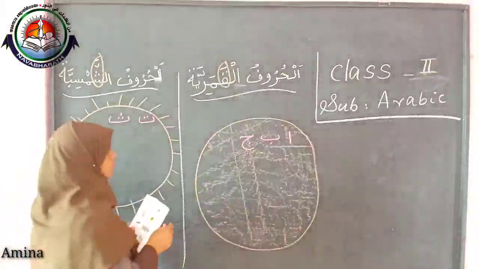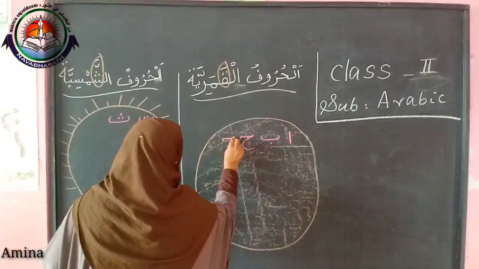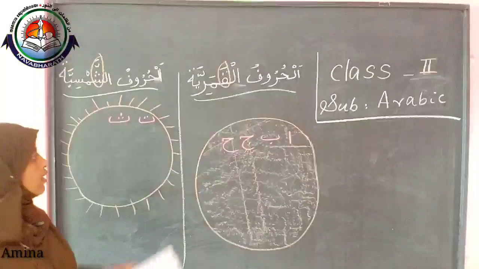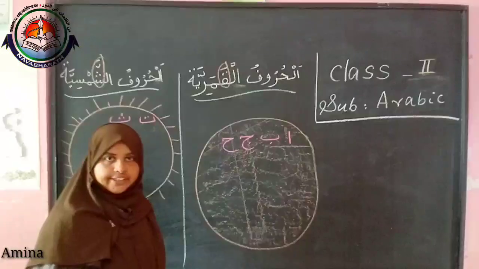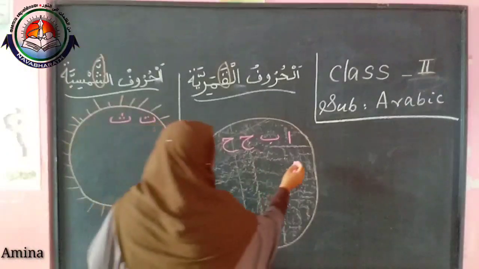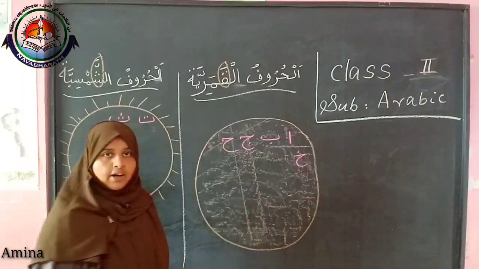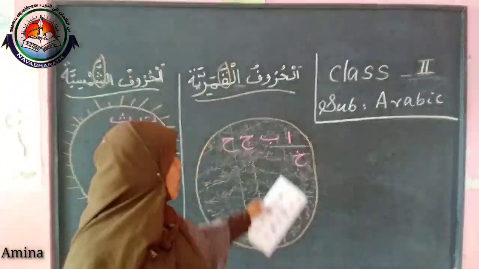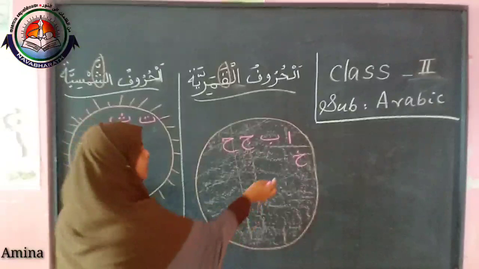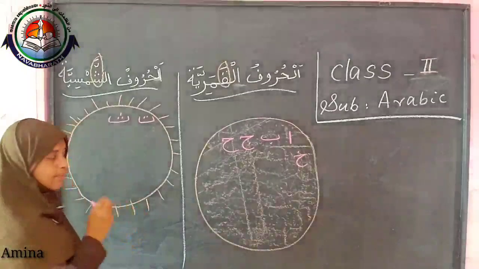The next one ha, himar, al-himaru, ha also we wrote in the moon letters, because we can hear the sound of lam clearly. Then kha, al-khaylu, khaylu means horse, we can hear the sound of lam clearly, that's why I wrote kha here. Alif, ba, ta, tha, jim, ha, kha.